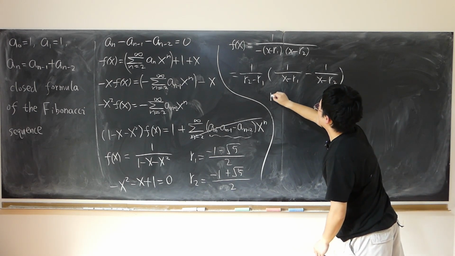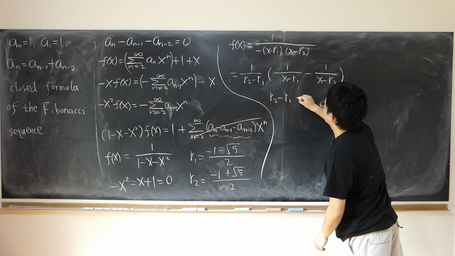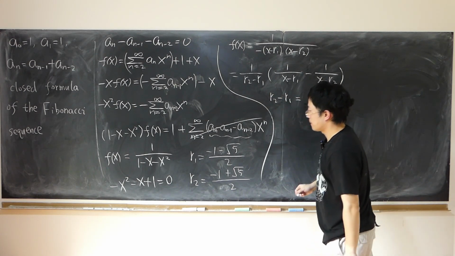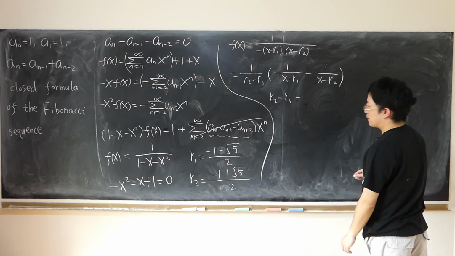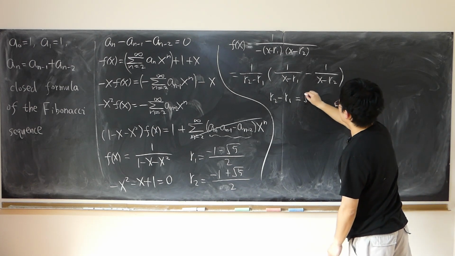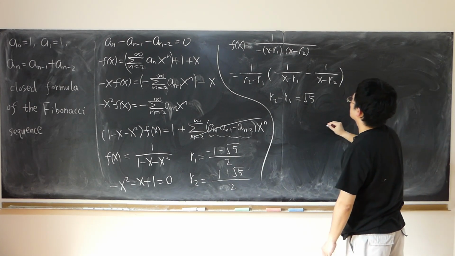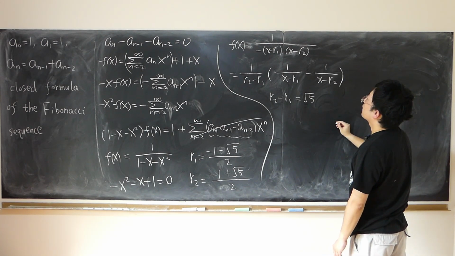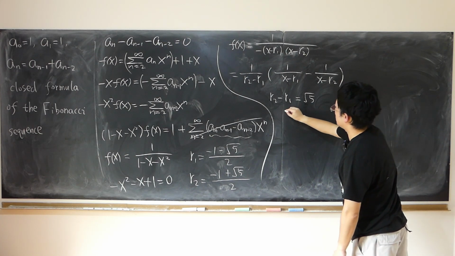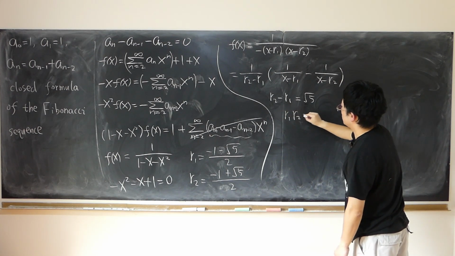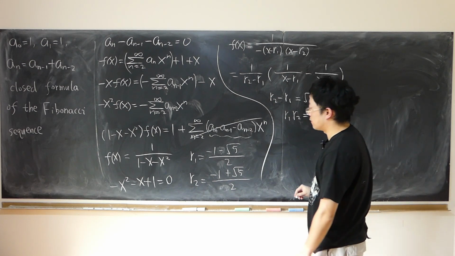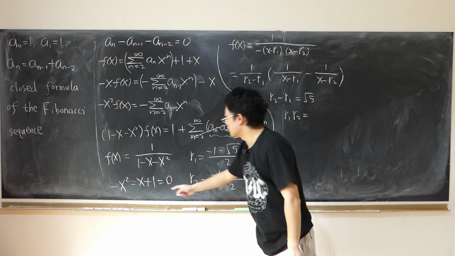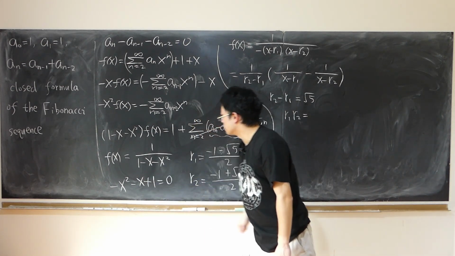So r2 minus r1, right? What is that? r2 minus r1, square root of 5. What is r1 times r2, right? The product of the two roots is c over a, which is negative 1.